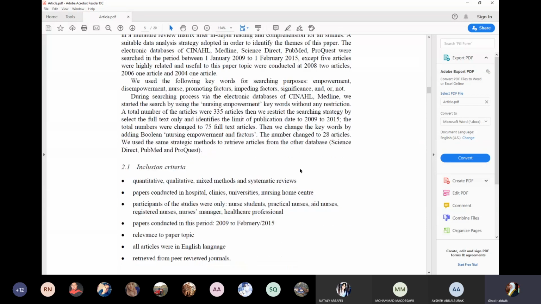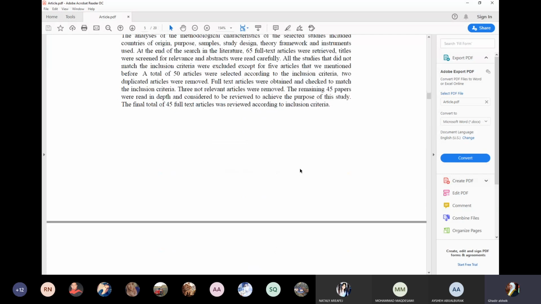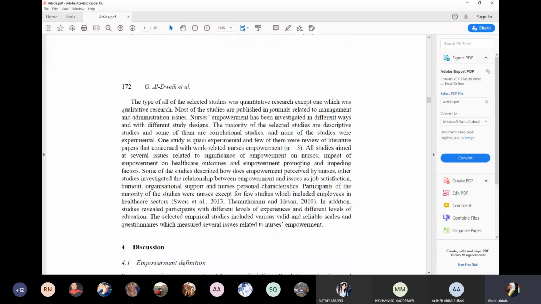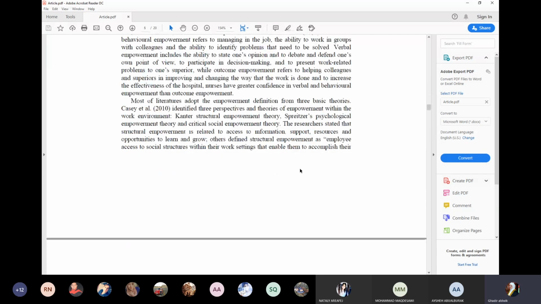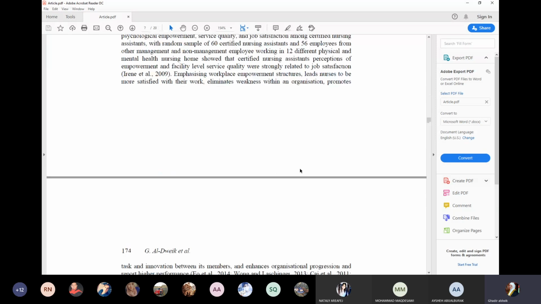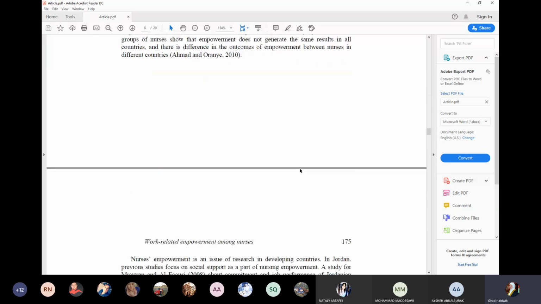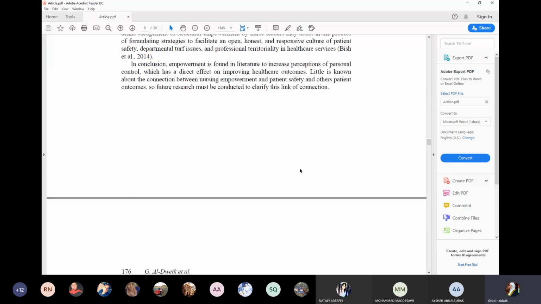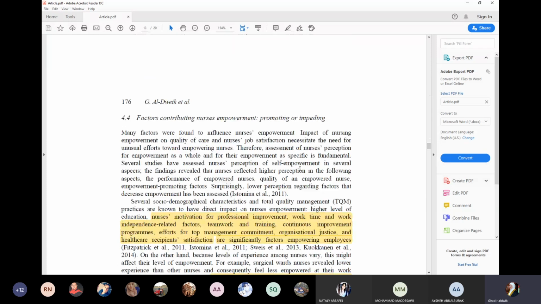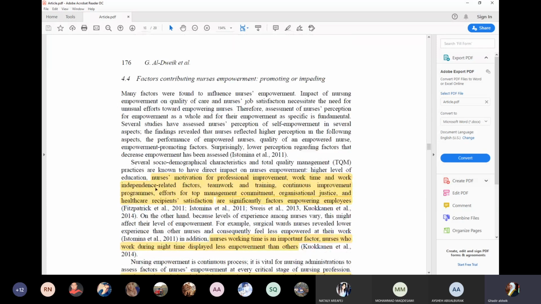During this article, we discussed the factors contributing to empowerment among nurses. For example, now I will let you read what I highlighted in this article. Who can read the highlighted lines here?